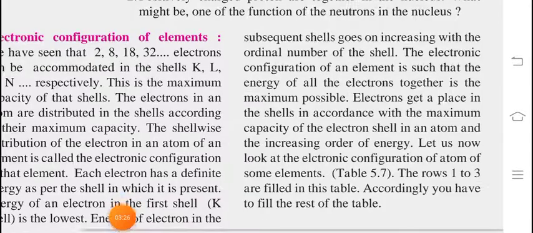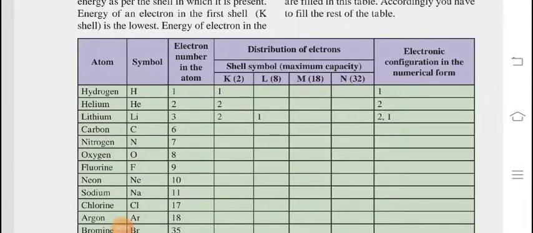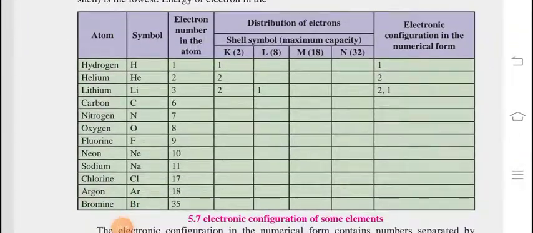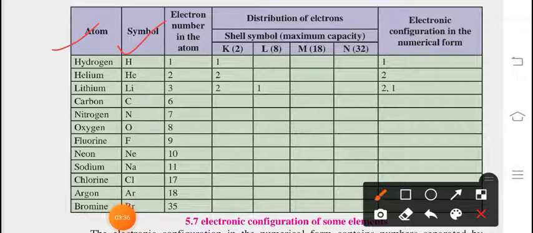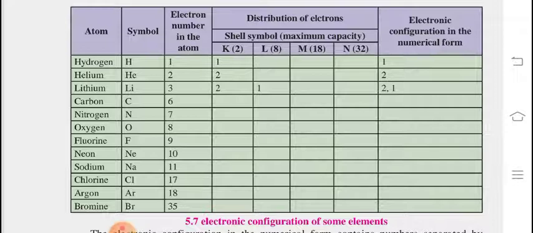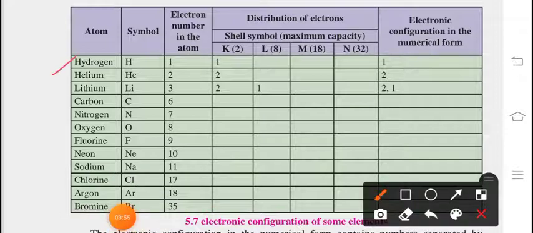In this table you can observe the columns. The very first column is the atom symbol, then the electron number in the atom, then the distribution of electrons as per the shells K, L, M, N, and then the electronic configuration, which means whatever the K, L, M, N numbers of electrons are, we write them separated with commas. The very first atom is hydrogen.